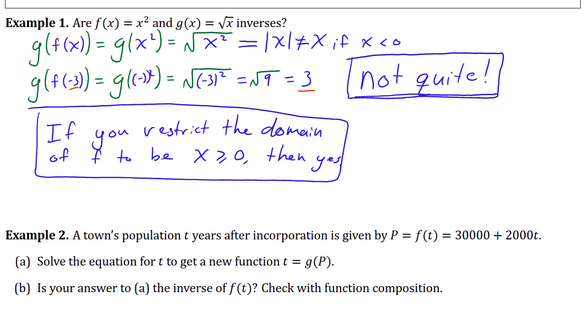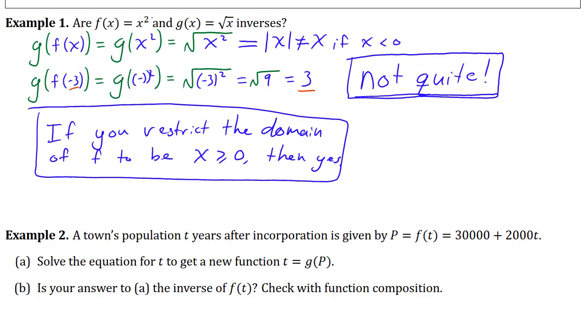Okay, so that's an annoying thing that happens when you have even powers, like x squared or x to the fourth. And we've had to deal with that annoying thing about negative numbers squaring to only give you positive results in a lot of different ways in this class.